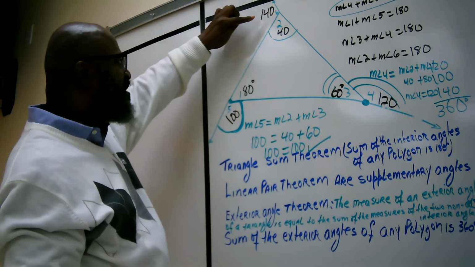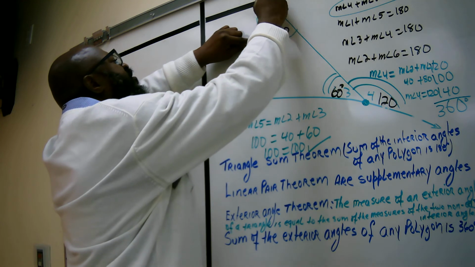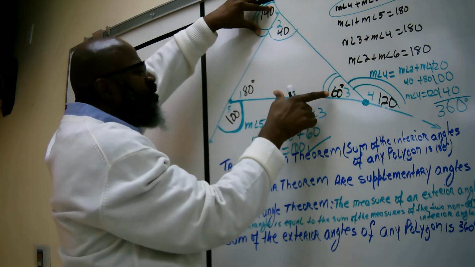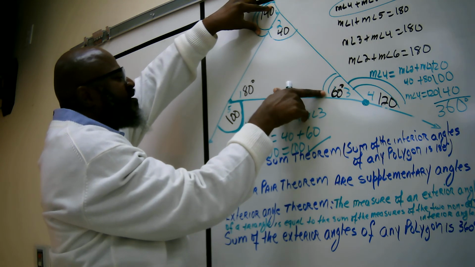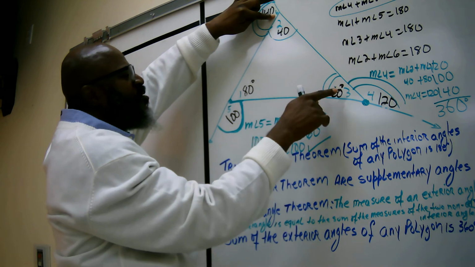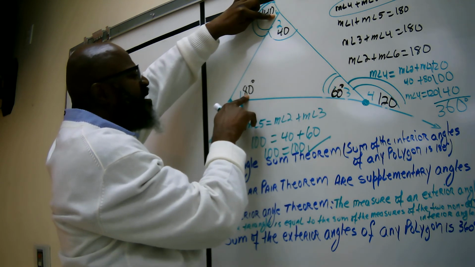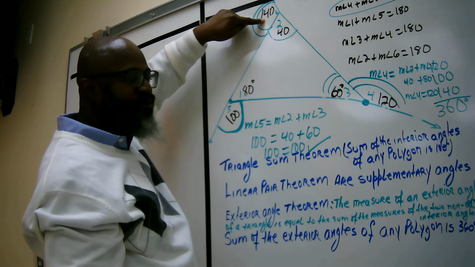Likewise, if I need to find the exterior angle of angle 6, I need to add those two angles. The two non-adjacent angles to angle 6 are angle 1 and angle 3. So 80 plus 60 will give me this angle here, which is 140.